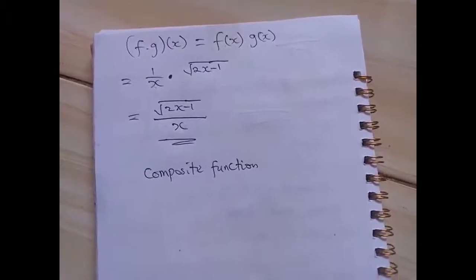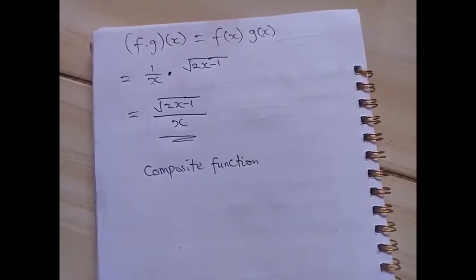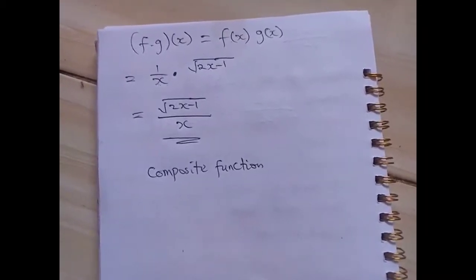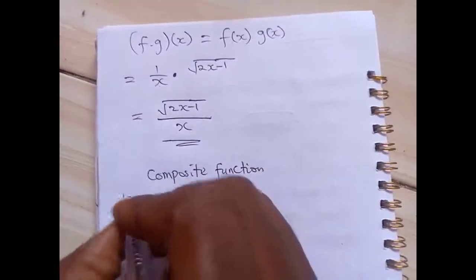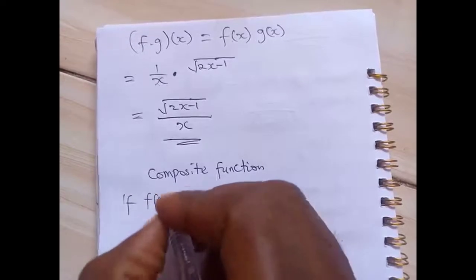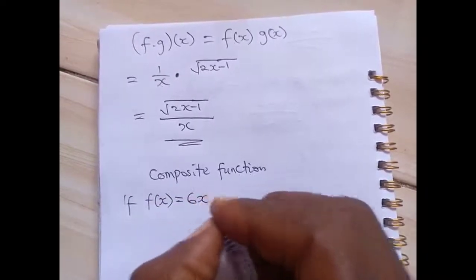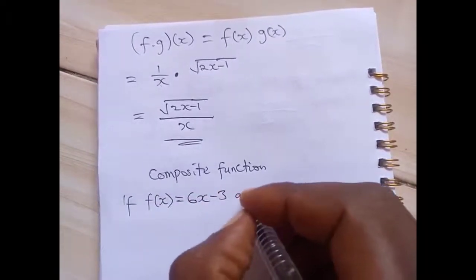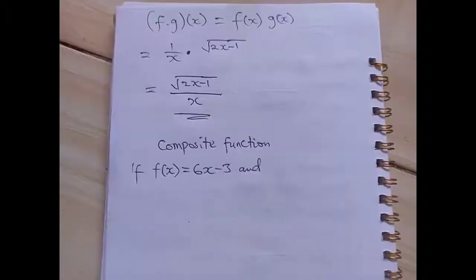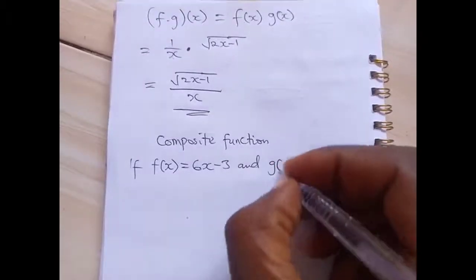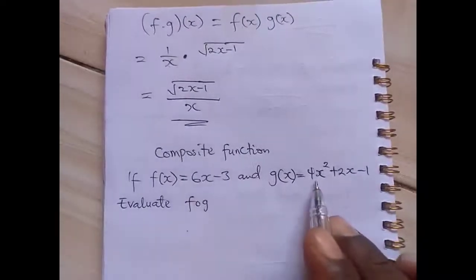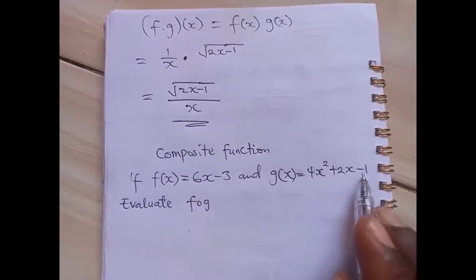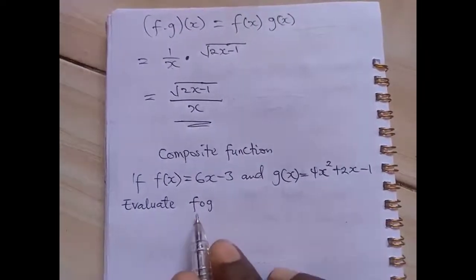We have composite function. Composite function is when you take one function and put it into another function with respect to x. For example, if f of x equals 6x minus 3 and g of x is 4x squared plus 2x minus 1, evaluate f of g.